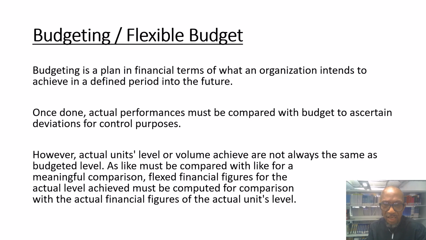However, actual unit level of volume achieved is not always the same as the budgeted level, as like must be compared with like for a meaningful comparison. Flex financial figures for the actual level achieved must be computed for comparison with the actual financial figures of the actual level achieved.